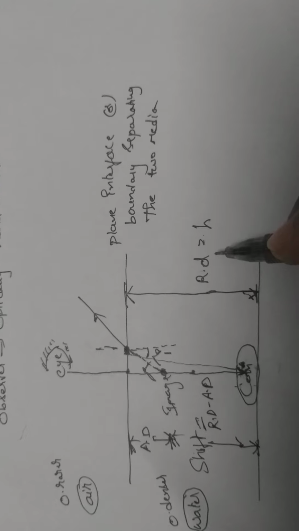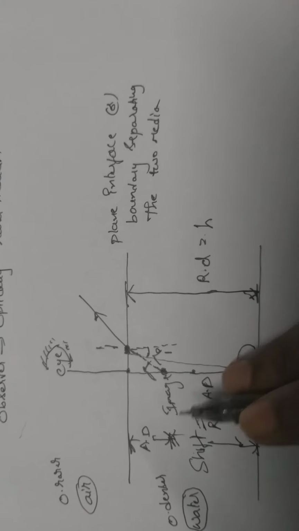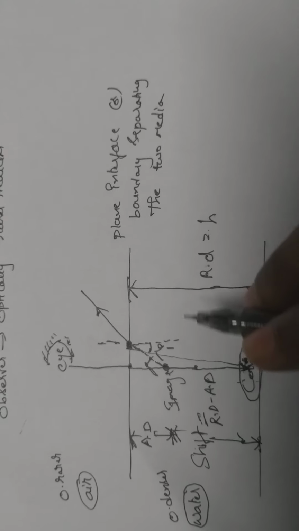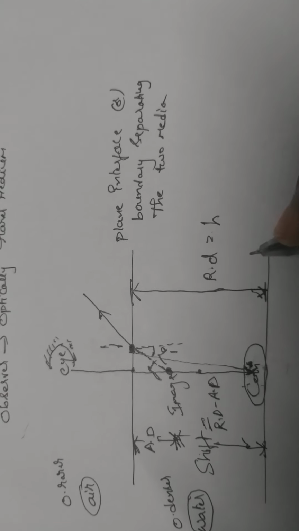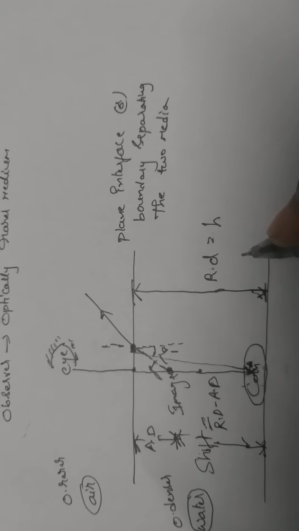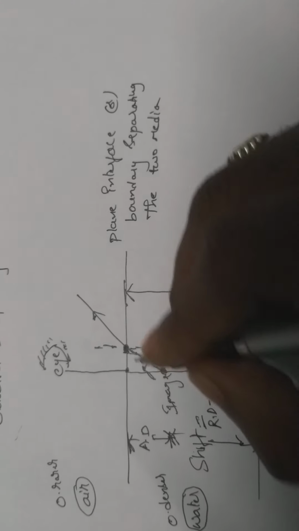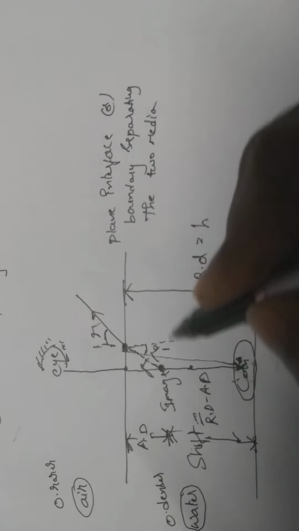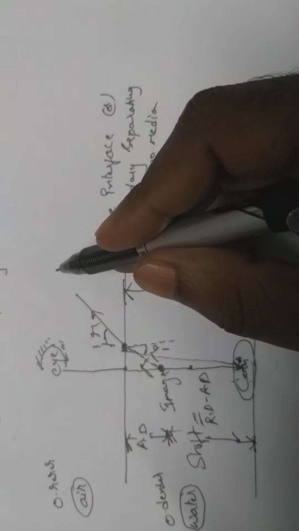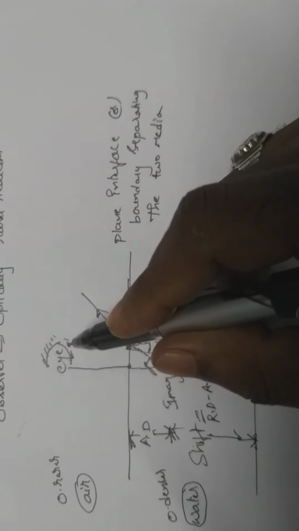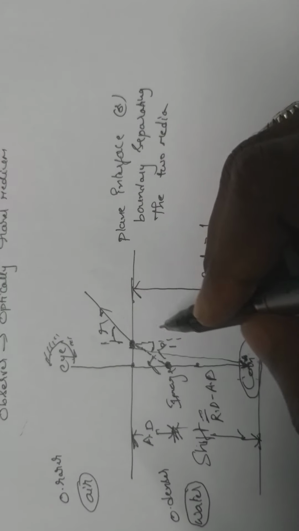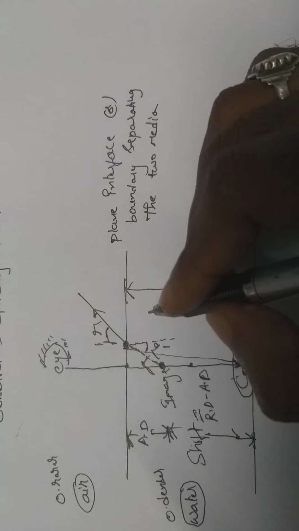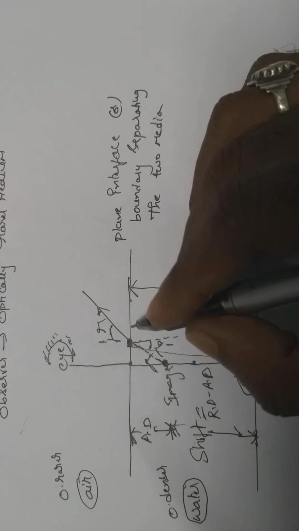Let us get a mathematical expression for the apparent depth, or apparent position, of the image of this coin, using a derivation. This is the angle of incidence and this is the angle of refraction. In the figure, this refracted ray appears to go beyond the line of sight of the eye, but just for understanding the figure is drawn in a bigger manner.